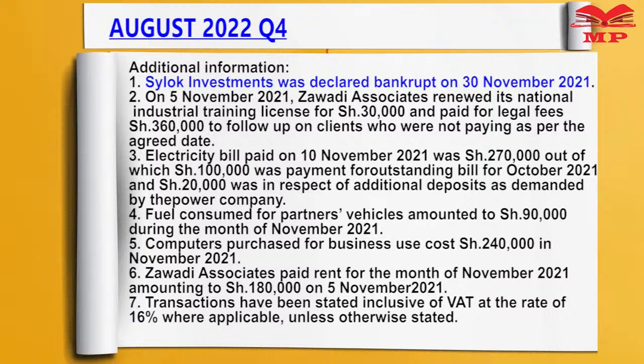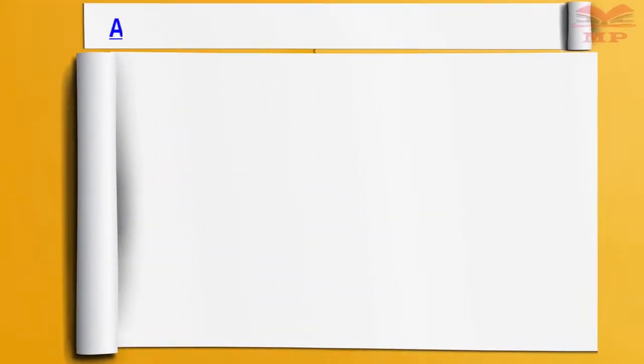Additional information 1. Siloc Investments was declared bankrupt on 30th November 2021. Now, Siloc Investment was one of the clients, and we are told it was declared bankrupt on 30th November 2021. Let's look at the table and understand what happened in that transaction.